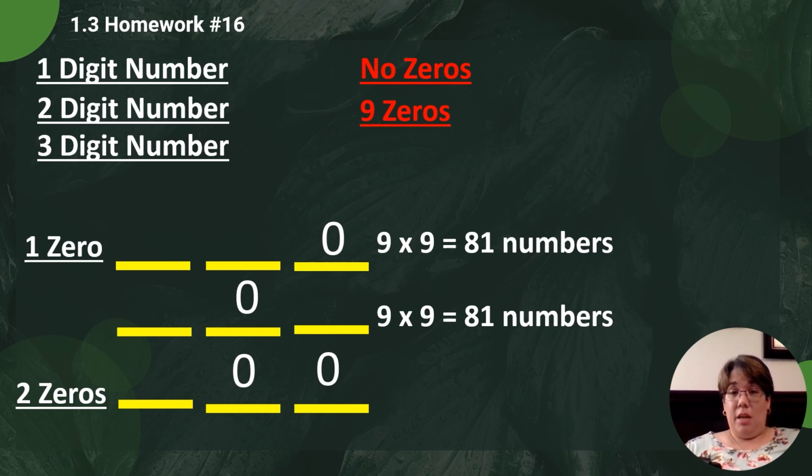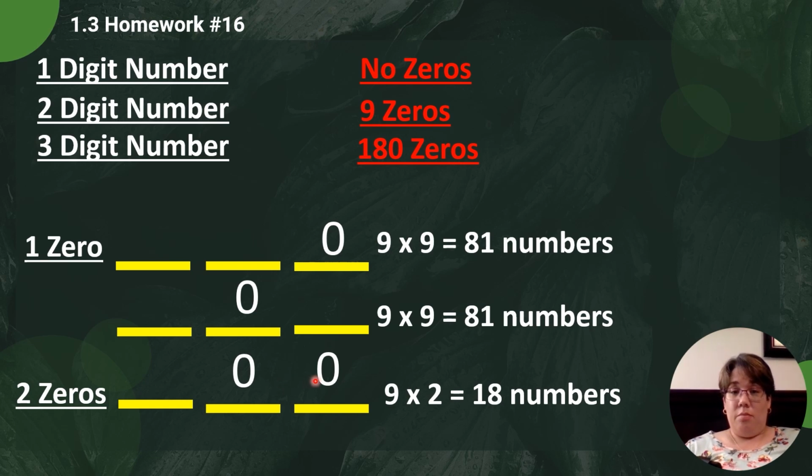So there are a total of 9 numbers, and each one of those has 2 zeros, right? So that is 18 zeros. Okay? So for 3-digit numbers, I have 81 plus 81 plus 18, which gave me 180 zeros.